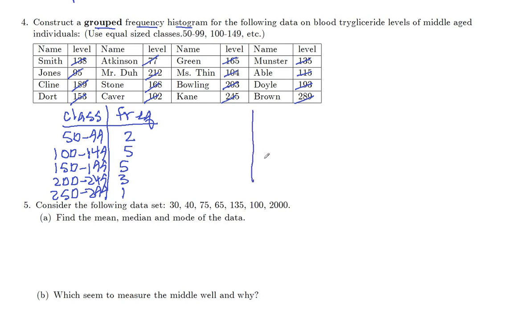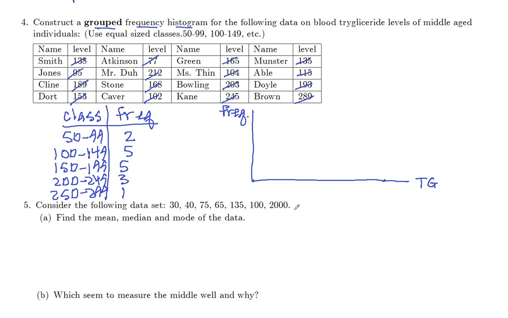So we want to do on our vertical frequency. And on our horizontal here is going to be our class. These are triglyceride levels. Sometimes they just call those triglyceride TG.